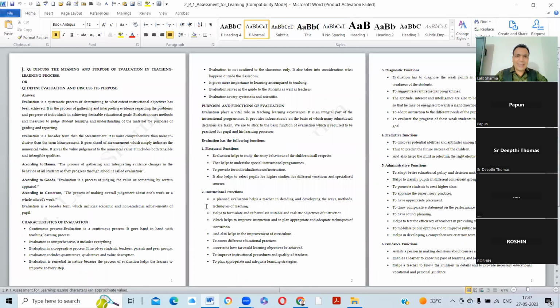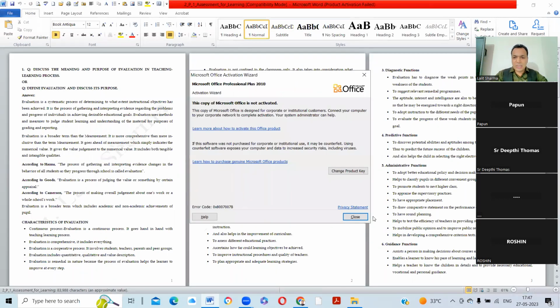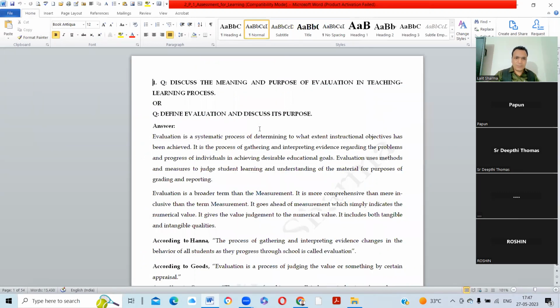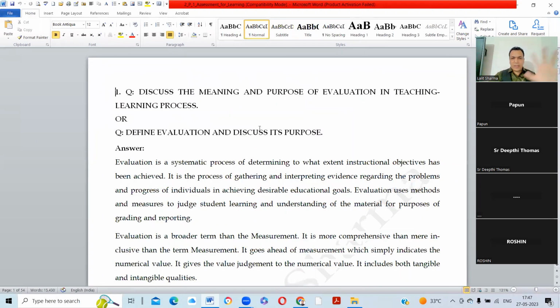So now I directly move to the notes which I have shared with you, right guys? So these 54 pages, I am discussing. It is covering your syllabus also. Not all of the syllabus, but around 40-50% of the syllabus is covered, right guys? So we start by discussing the meaning and purpose of evaluation in the teaching learning process.